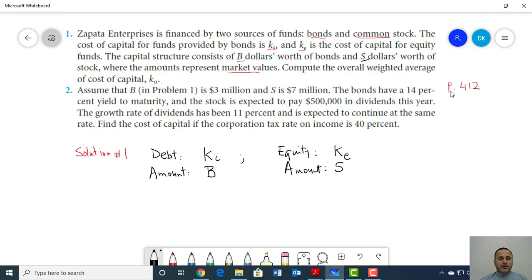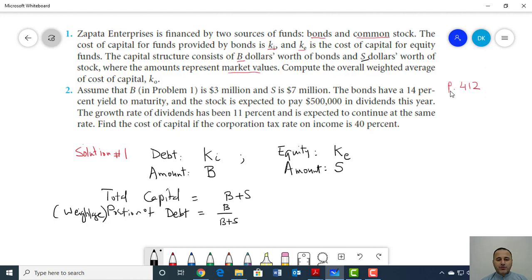So the total capital is of course B plus S. The portion of debt, what we can also call weightage of debt, is B divided by B plus S. B plus S is the total, and B is the dollar amount of debt.